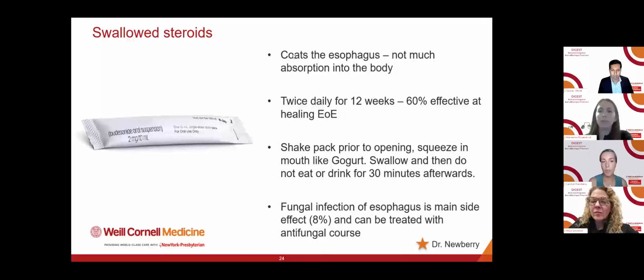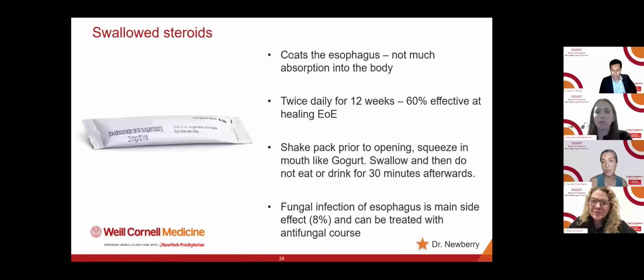And the way that we actually deliver this medication for patients with EoE is a little bit different than swallowing a pill where the pill gets absorbed into the bloodstream. We actually give a thick liquid version of this steroid so that it's able to coat the esophagus.